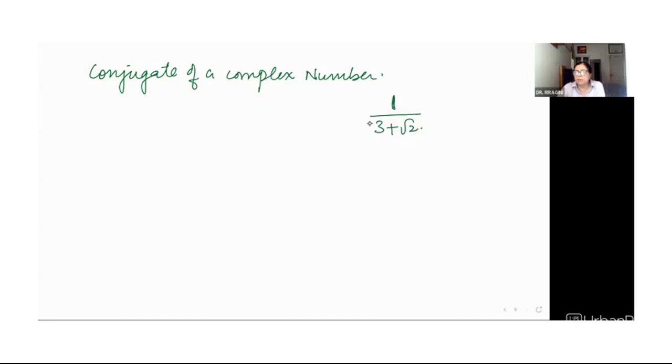In the standard form, you have to rationalize the denominator, which means you should not have irrational numbers in the denominator. Similarly, if we get a number like 1 upon 3 plus 4 iota, with a complex number in the denominator, we have to convert it into a form in which iota is not present in the denominator, right?